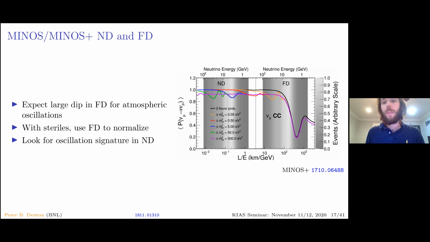Normally you use the near detector to constrain the far detector, but for the sterile scenario, you do kind of the opposite: you look for the signal in the near detector given a measurement in the far detector. They use a full fit, including all the energy and spectral information from both detectors, and that's how they get a fairly powerful constraint.